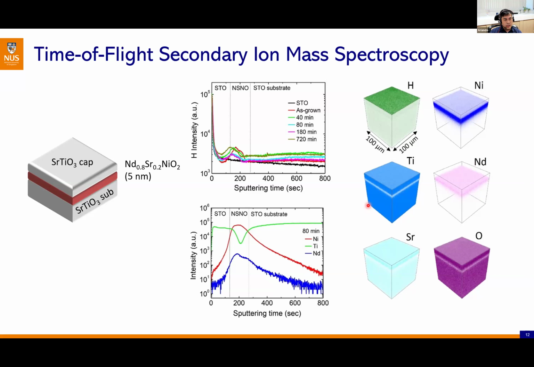The bottom one also shows the expected nickel, titanium, and Nd ions as functions of sputtering time or depth, and on the right you can see the 3D mapping of all of these elements.